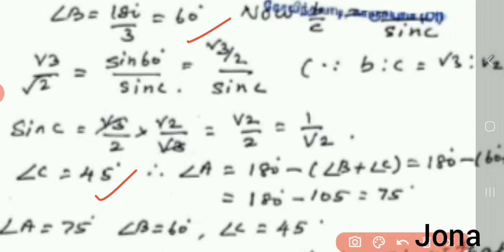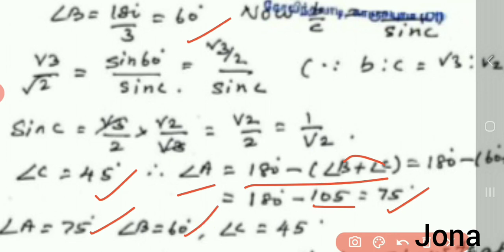From these two I can easily find angle A. Angle A equals 180 minus the sum of B plus C. B plus C is 60 plus 45, that is 105. So 180 minus 105 is 75 degrees. So here I got the values of angle A, angle B and angle C.